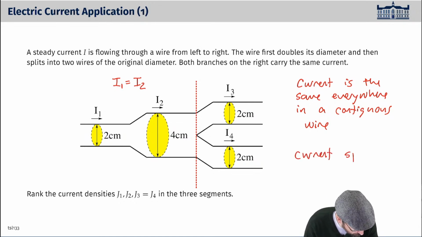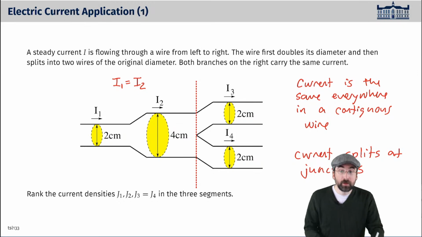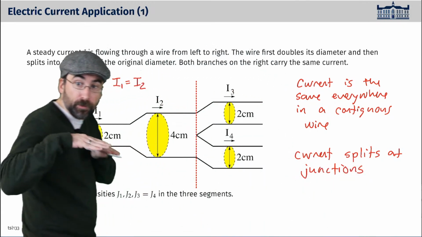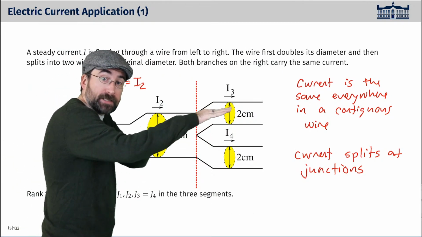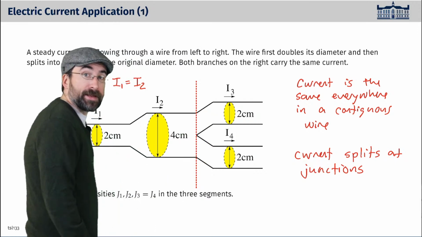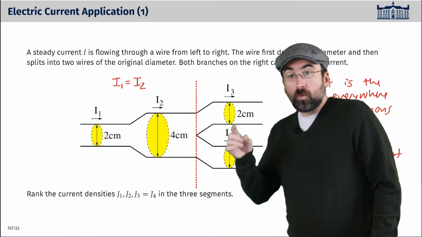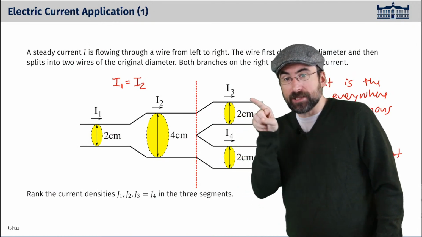Similarly, current splits at junctions. So the current that is coming through this wire here, when it gets to this point, some of it is going to go up and some of it is going to go down. Now, for our purposes here, we can estimate the amount of current just by looking at the size of the pipe.